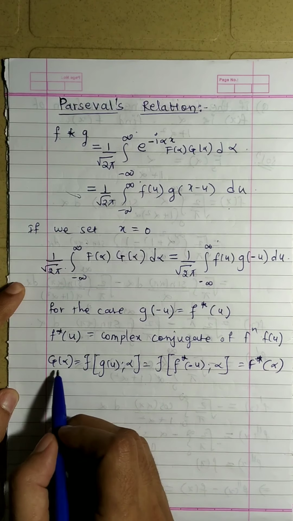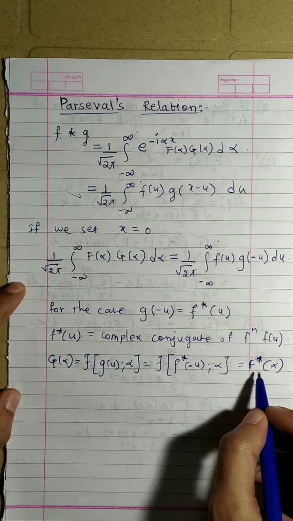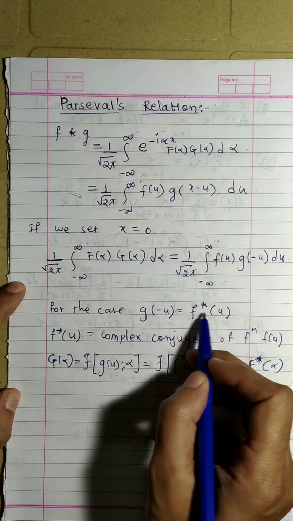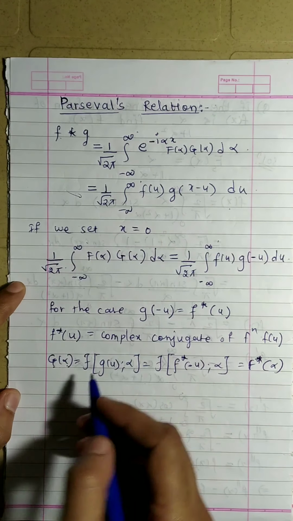Now from here we have seen that g alpha is equal to f star alpha.